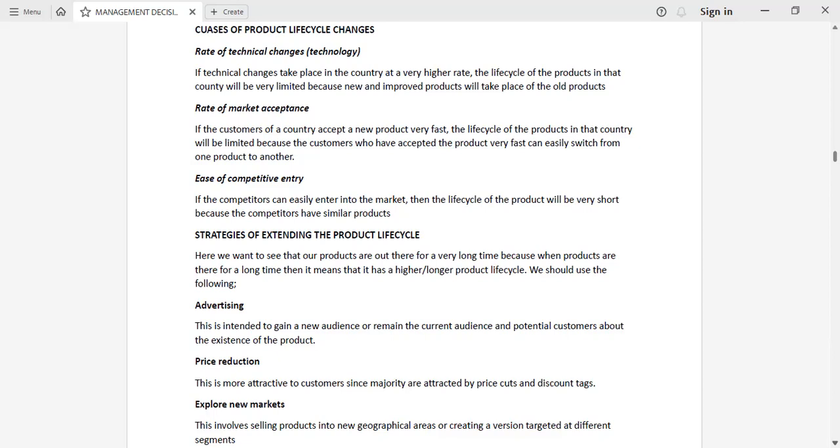In other words, here we are literally talking about technology. For example, if technology is very high in the country, you realize that a product life cycle changes very fast.